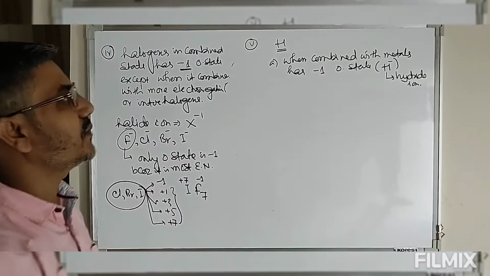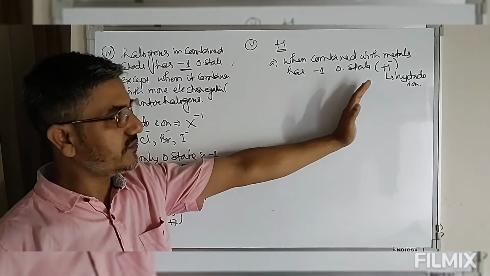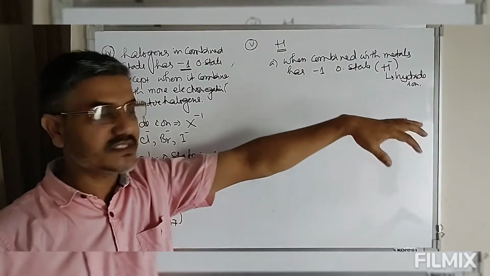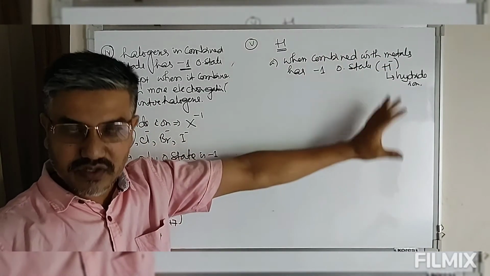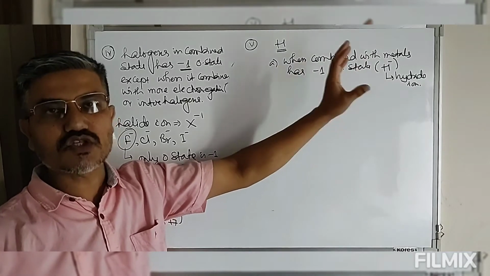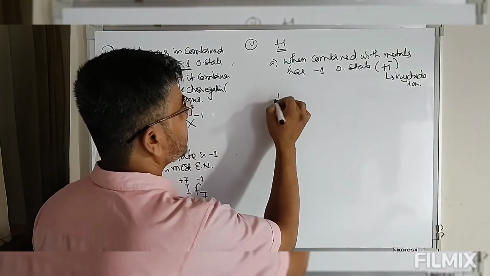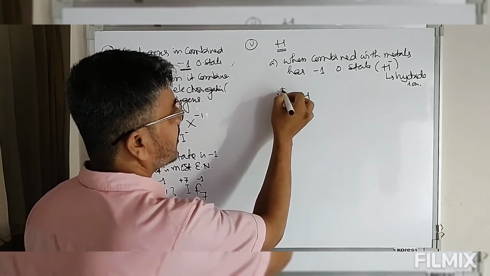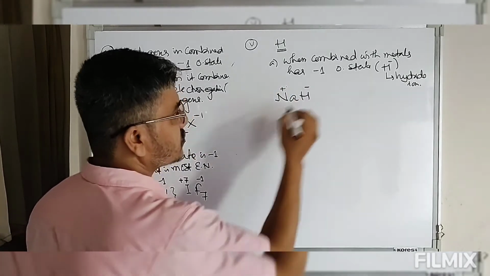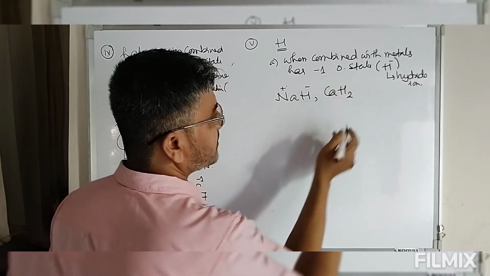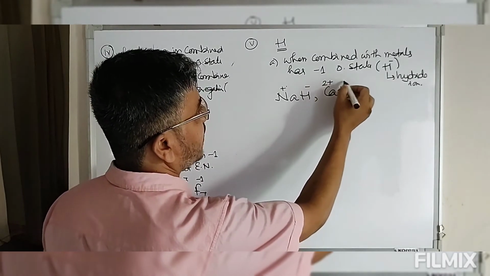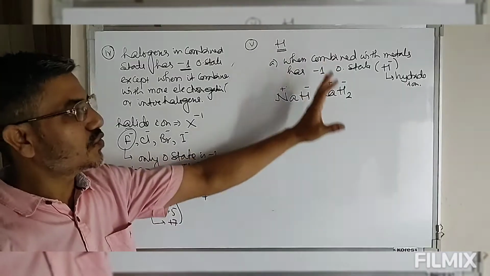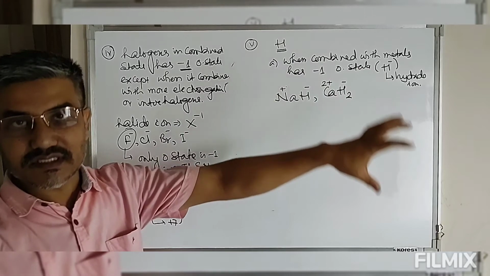Metals are electropositive and hydrogen is more electronegative, so hydrogen acquires -1 oxidation state, the hydride ion. Look at sodium hydride, as we have shown earlier. Sodium is an alkali metal, so it is +1, and hydrogen is -1. Take calcium hydride. Calcium is +2, hydrogen is -1. So when it combines with metal, it shows -1 oxidation state.